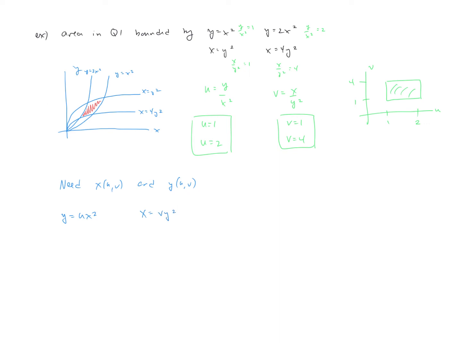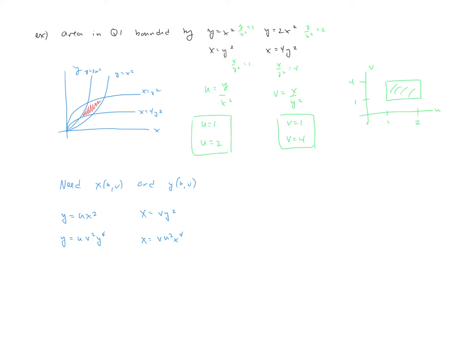Now it's just a matter of making substitutions until you get both of these in terms of u's and v's. I'll take the x, being this guy, and plug that in right there. I'll take the y, being this guy, and plug that in right there. So we'll have y equals u v squared y to the 4th, and x equals v u squared x to the 4th.